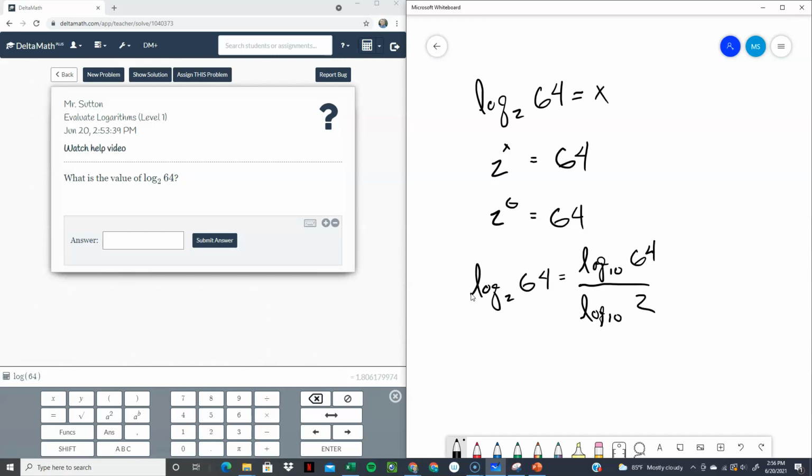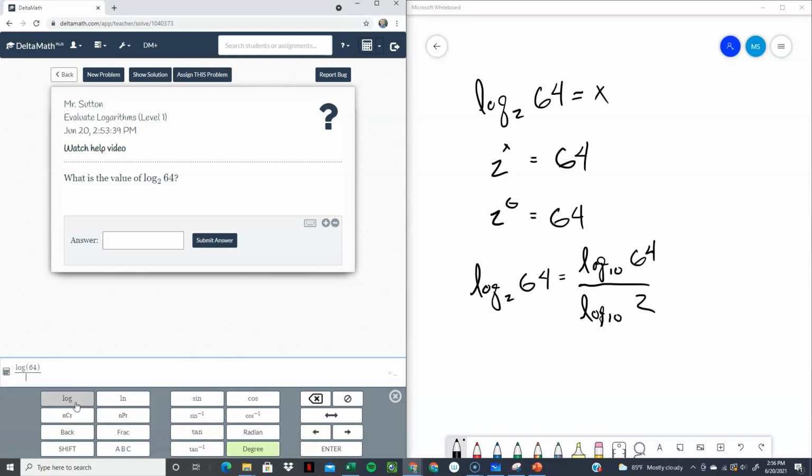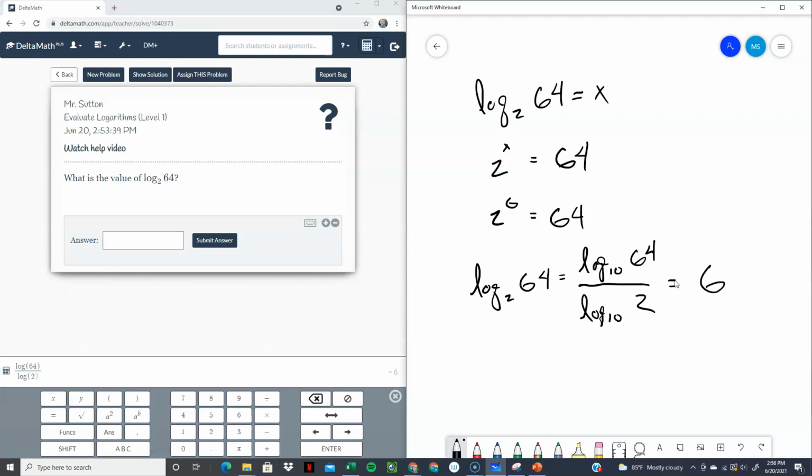So if I take that 2 and put it in its own log base 10 in the denominator, I can get the right answer that way. So I'm going to do that log, and then that's another base 10, and I put a 2 in here, and now all of a sudden we see that this equals 6, which is the same answer we got up here.